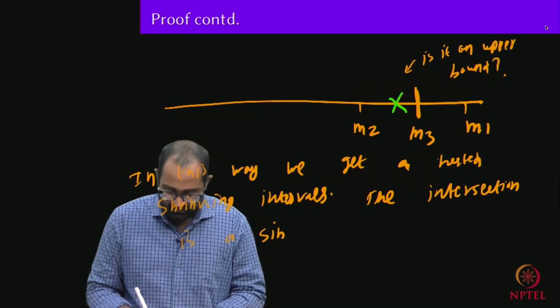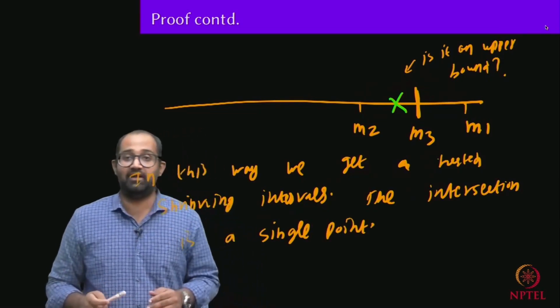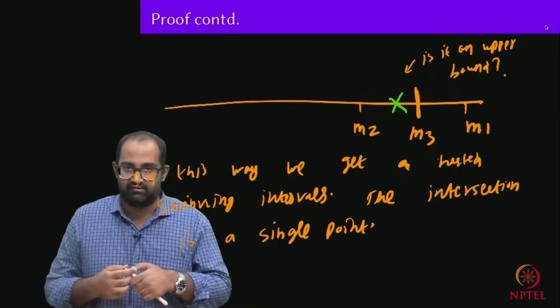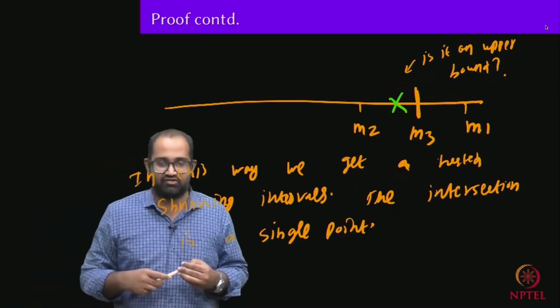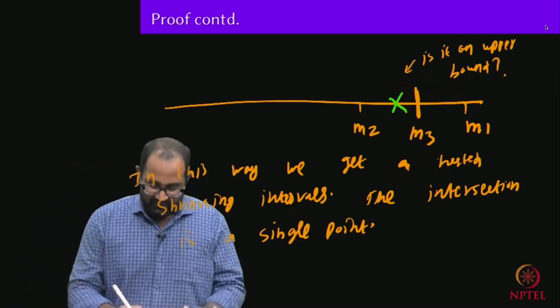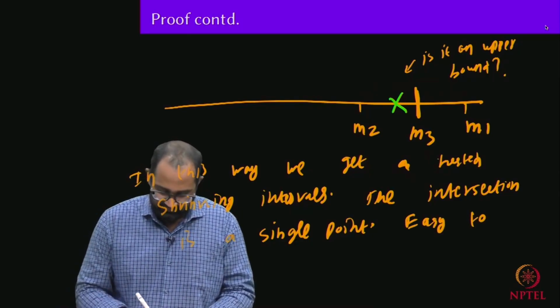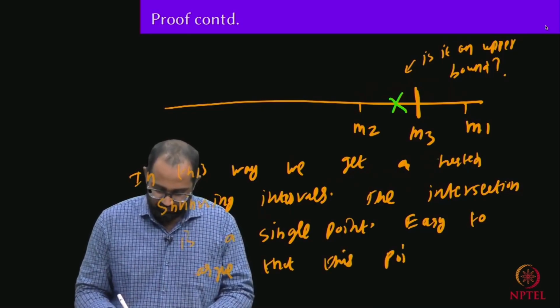Because as I said, the nested shrinking intervals theorem follows from the nested intervals theorem plus Archimedean property. You don't need completeness. Nested intervals property plus Archimedean property will give you the nested shrinking intervals theorem. Okay, easy to argue. Easy to argue that this point is the supremum.